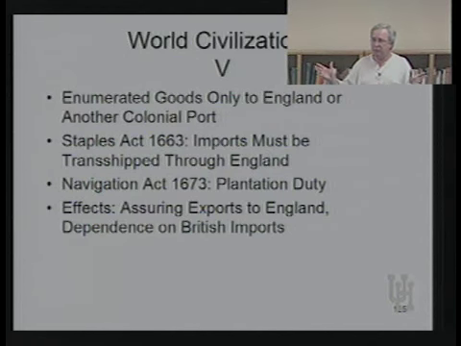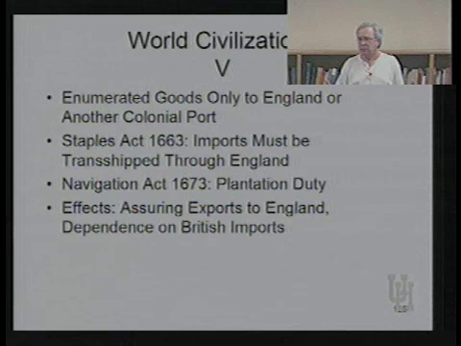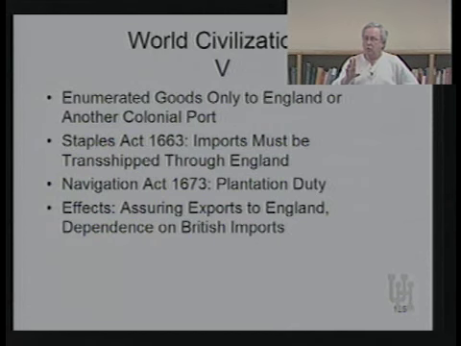This is not a free trade system. They don't have any choice. They can only sell it in England, basically, so they'll have to accept whatever price the English merchants are willing to pay. There are no competitors. French merchants, Dutch merchants, they can't compete under this system. So this is a closed network designed to profit the mother country at the expense of the colonies.